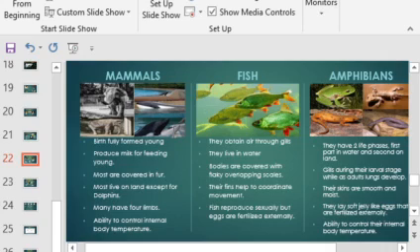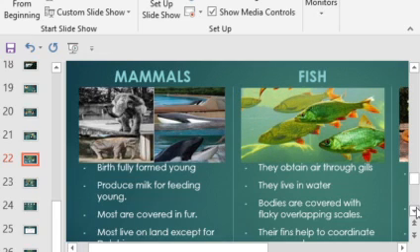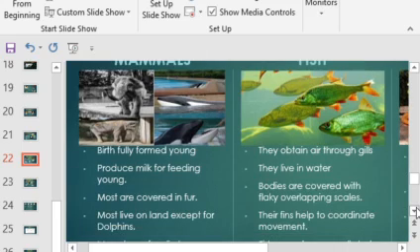And also we are going to go over describing the fish class. They obtain oxygen through gills, so they don't have a tracheal system. They live in water all their lives. They are covered with flaky overlapping scales. So that's a main point.